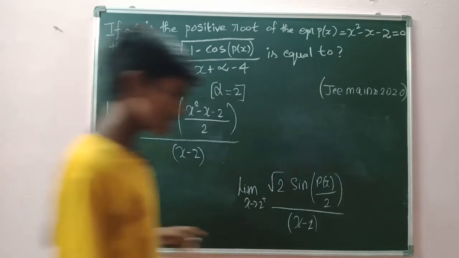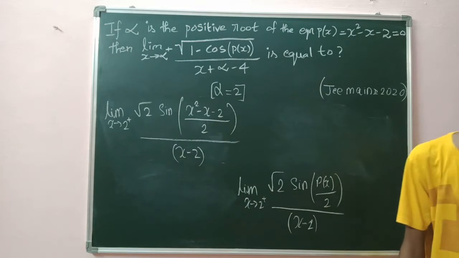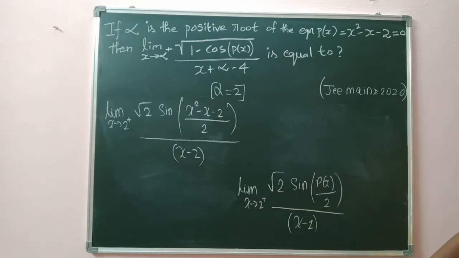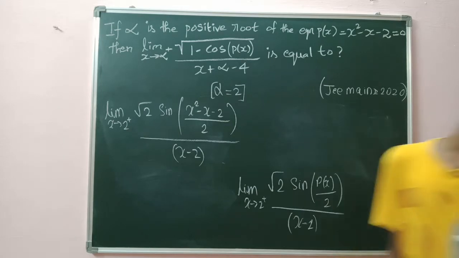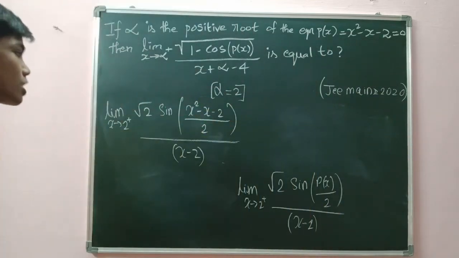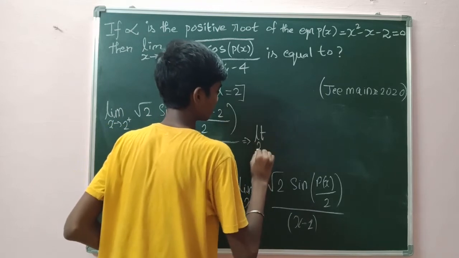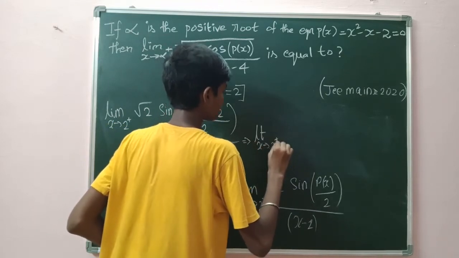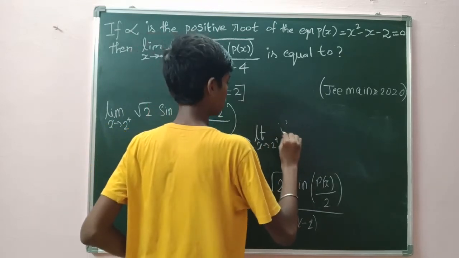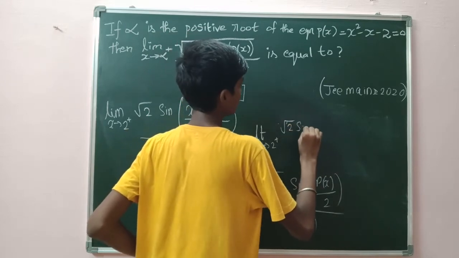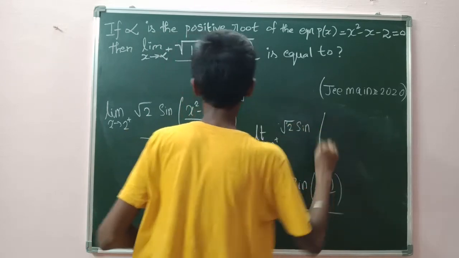What is x square minus x minus 2? Just now we solved it, right? We got it as x minus 2 into x plus 1. So I can write the same limit as limit as x tends to 2 plus of root 2 into sine of x square minus x minus 2.